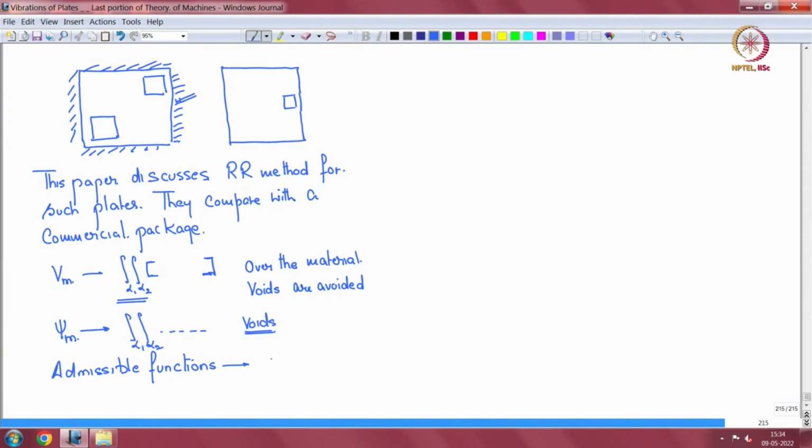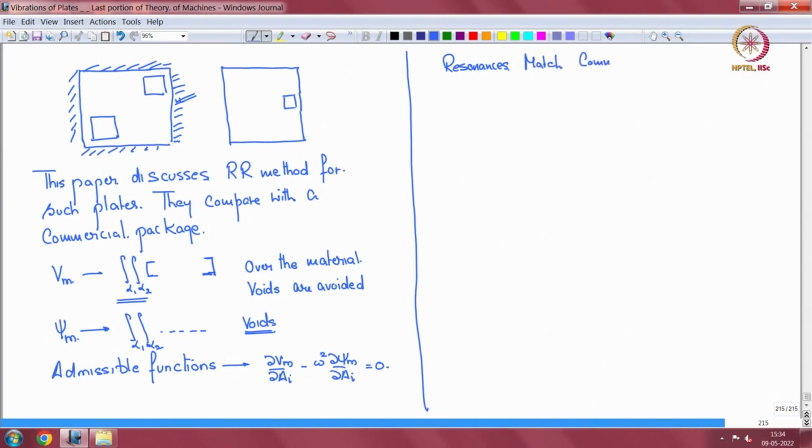Then you form your del Vm by del Ai minus omega square del psi m by del Ai, these set of equations. Then you will find that the resonances more or less match with the commercial package code. Only thing is that this hole size cannot be too big.